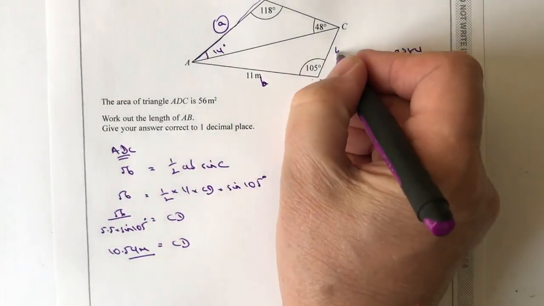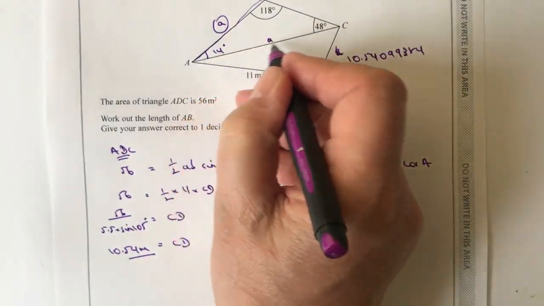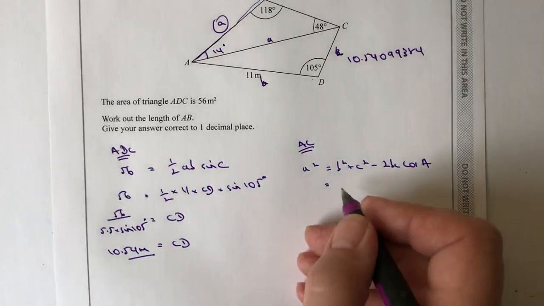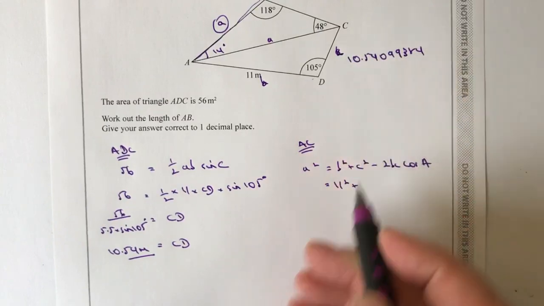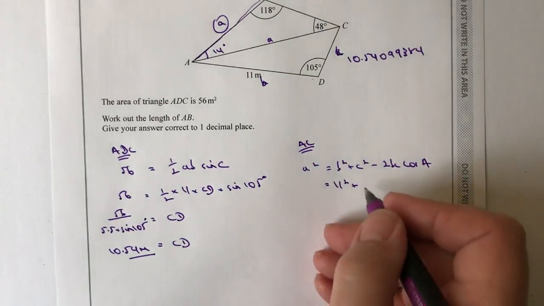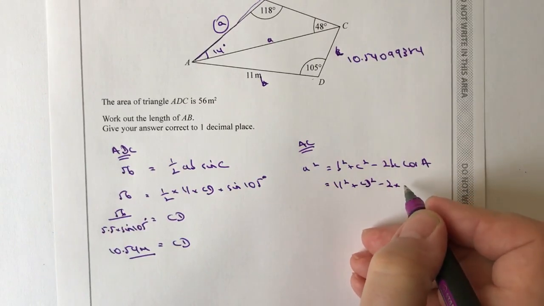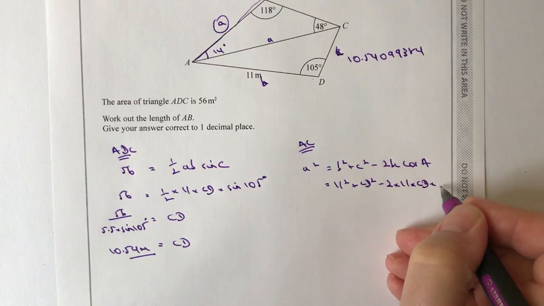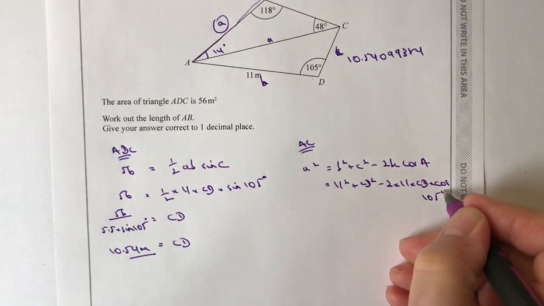And I'm going to change that to C. And A squared is going to be this length along here. So A squared is 11 squared plus C squared, which is CD squared, minus 2 times B, which is 11, times C, which is CD, times the cosine of 105 degrees.